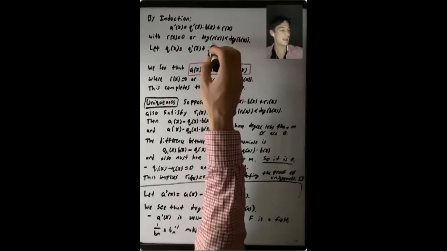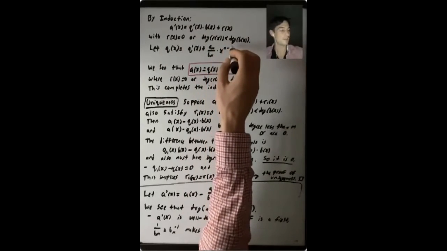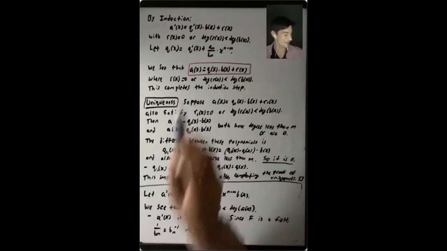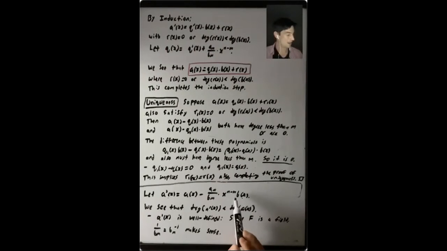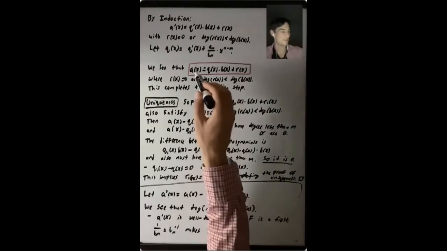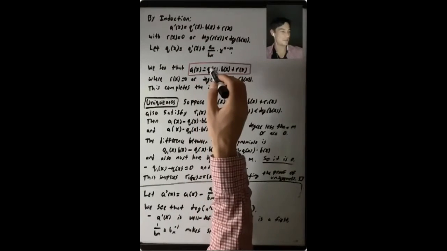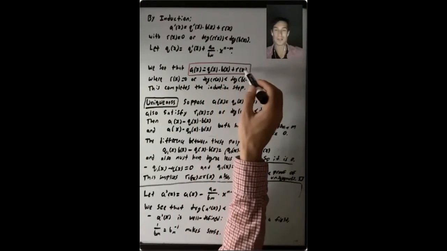We get a_m over b_m times x^(n-m) times B(x). And what is that? Well, that is the difference between A(x) minus A'(x). So if you take A(x) and you subtract q(x) B(x), what are you left with?